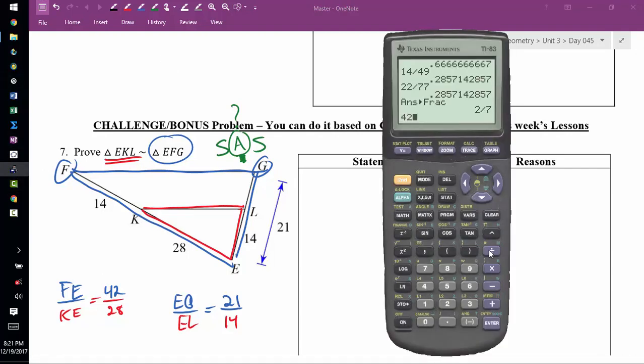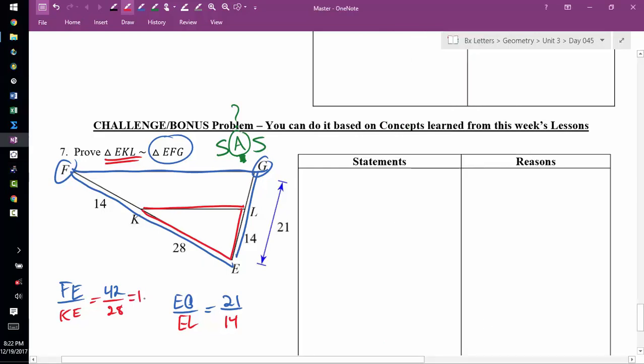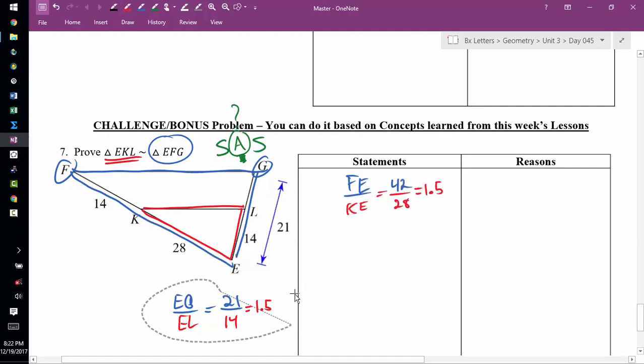So 42 divided by 28, 1.5, and 21 divided by 14, 1.5. That's how I know these ratios are equal. That's how I know those sides are proportional. And I'm just going to write that in my proof.